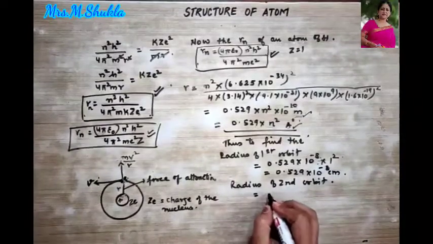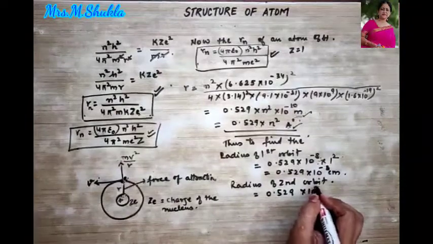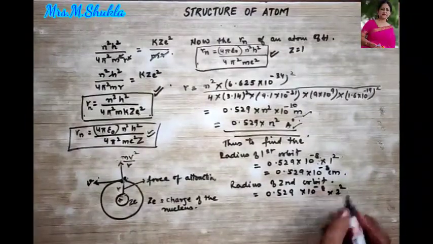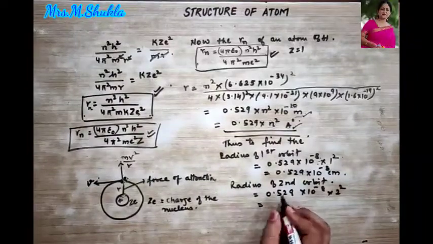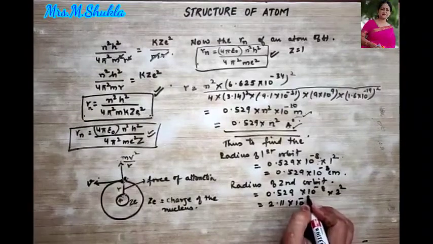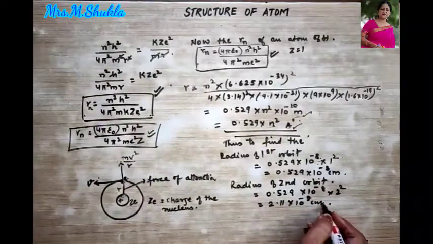So over here this will be equal to 0.529 into 10 to the power minus 8 into 2 to the power of 2. 2 twos are 4. Multiply the whole thing. What do you get? 2.11 into 10 to the power minus 8 centimeters. So this comes in centimeters.